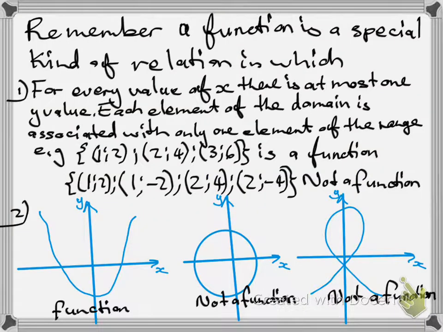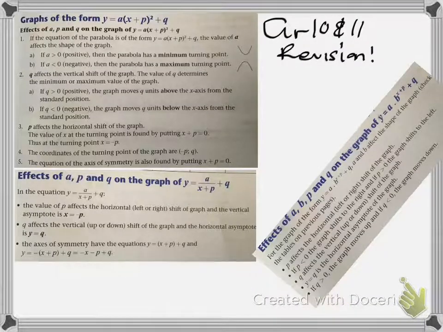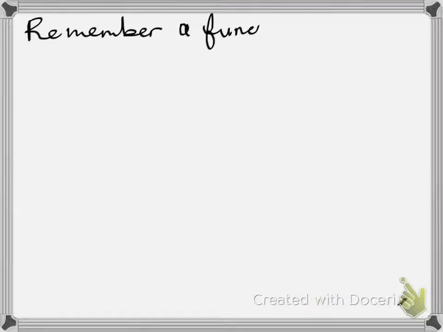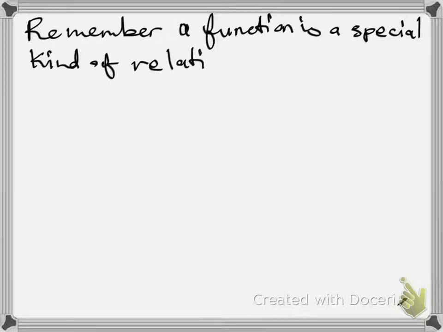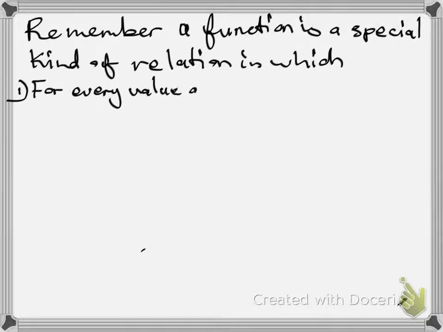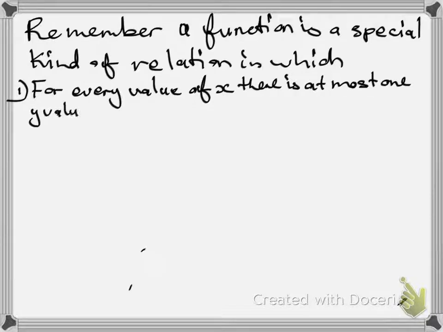Now let's look at what a function is. Let's just look at what you learned about what a function is. So remember, a function is a relation between 2 variables, right? It's a special relation where we can say that for every value of x, there is at most 1, which means it has to be either a 1-to-1 or a many-to-1.